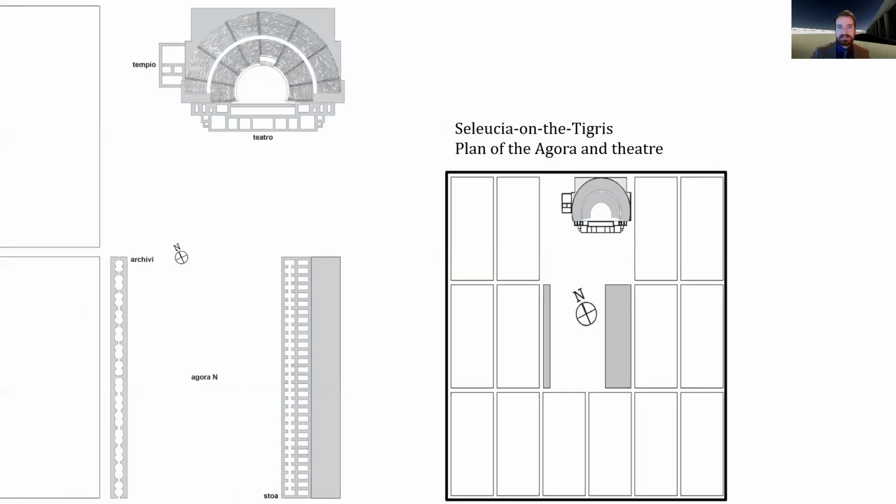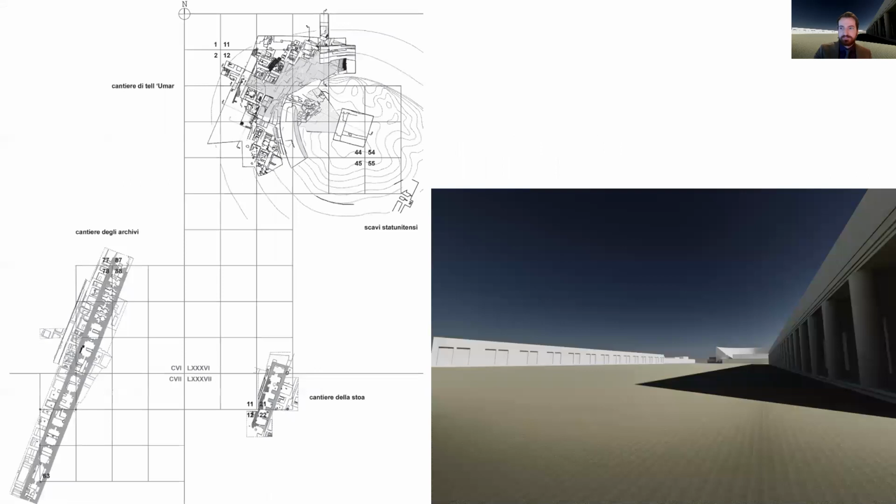So again, I included some more of these for you to look at. You can see the Agora and the theater's association with the city blocks around it, as well as with the Stoa and the archives and how the theater relates to that. And here is one of the site plans that were produced by the Italian excavators.